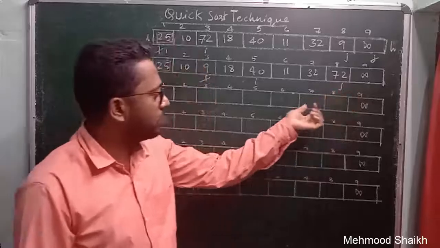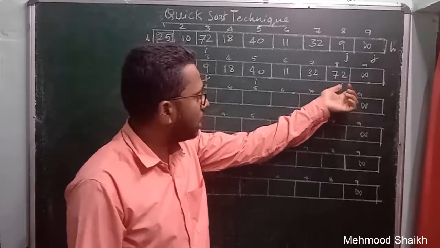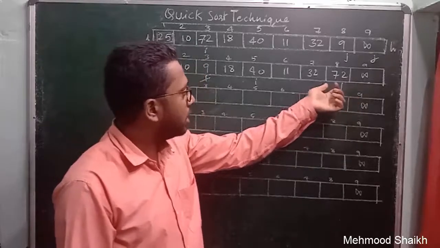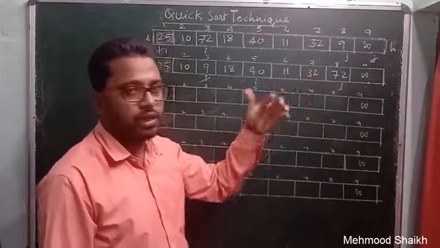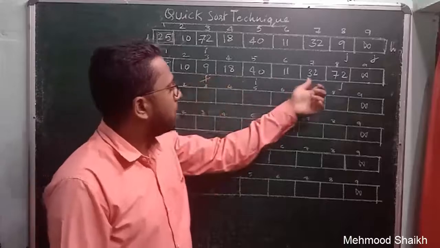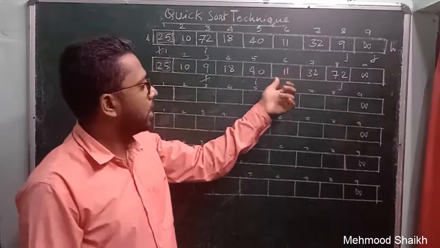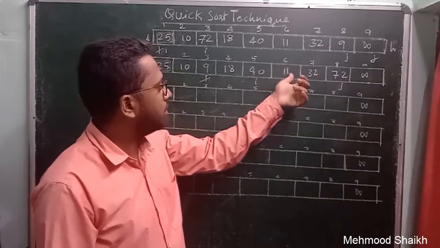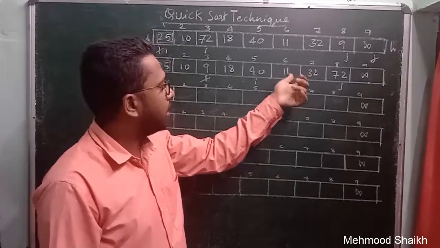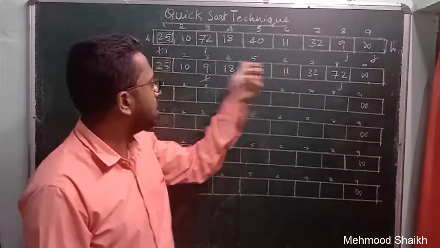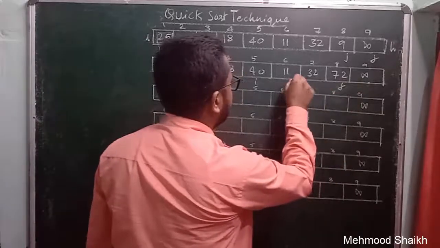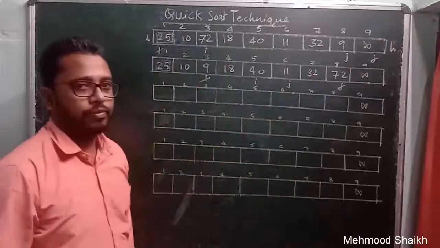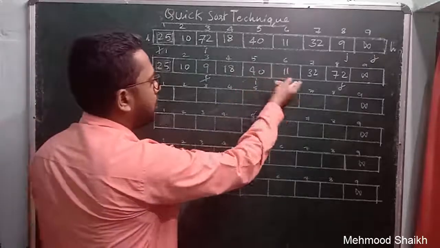Here also I will do the same thing. I will check, is there any element on the left of J which is lesser than the pivot element? On the left side of J we have 32, but 32 is not less than the pivot. So I will move further ahead and check with 11. There is an element 11, and that 11 is lesser than the pivot element. So I will mark that element with J. Now I will swap these two elements.